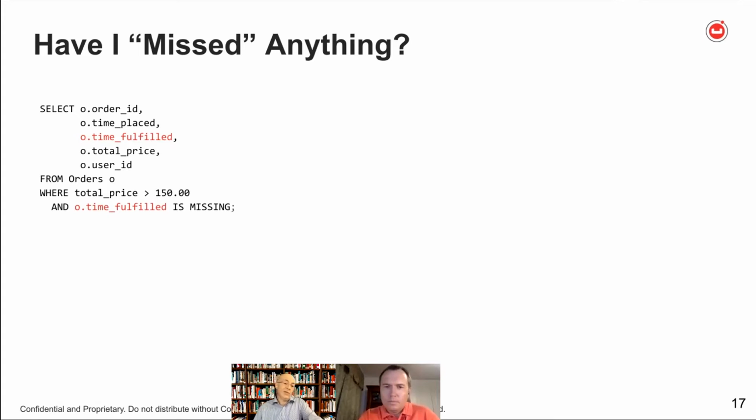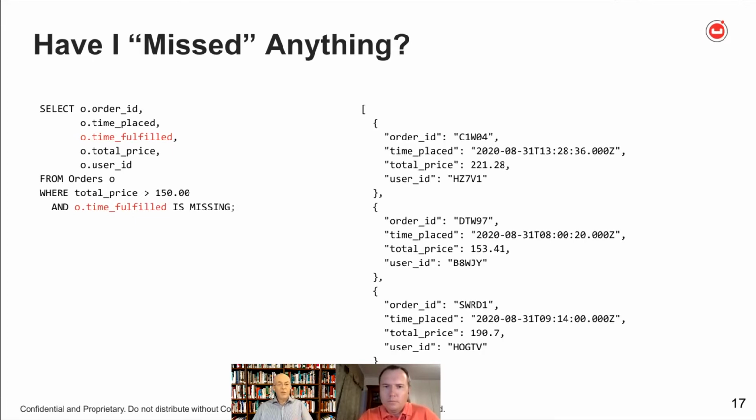The order being not fulfilled means that the time fulfilled field is actually missing, so it's not in the data at all. When we run this query, we look at the select clause and we see there are 5 fields projected here. However, if you run this query, you only see 4 fields on the right.